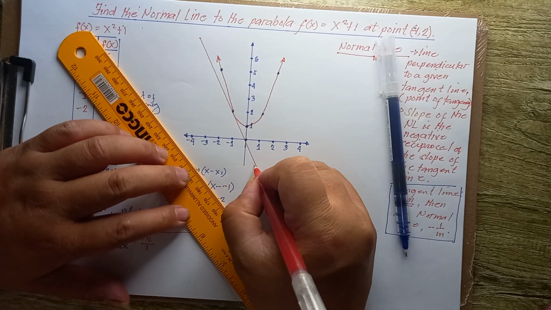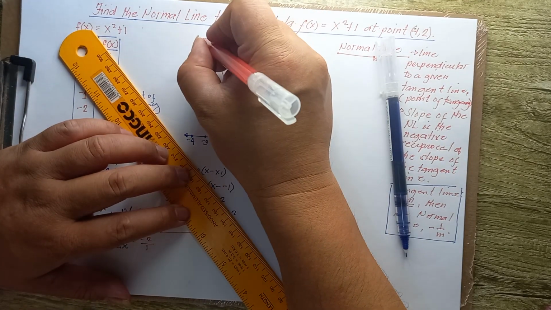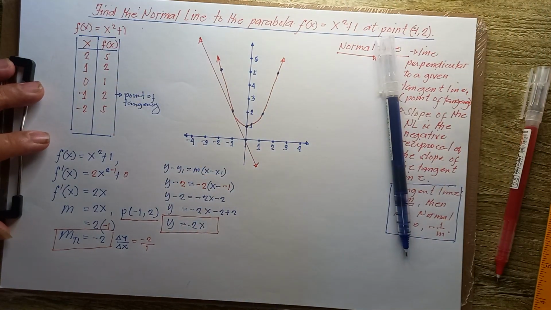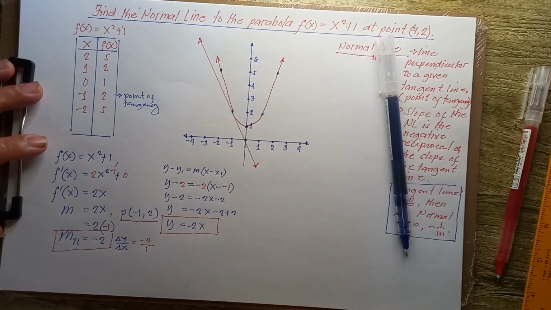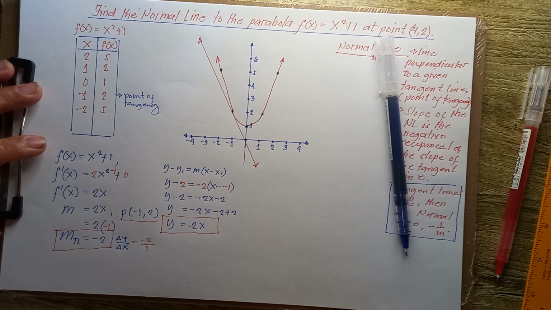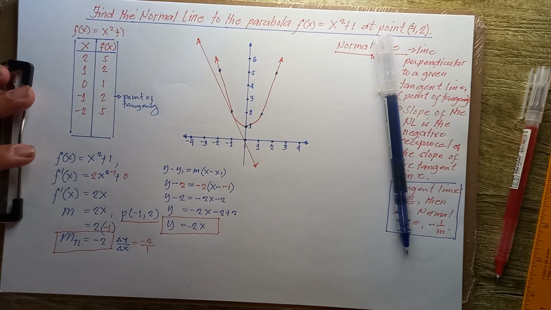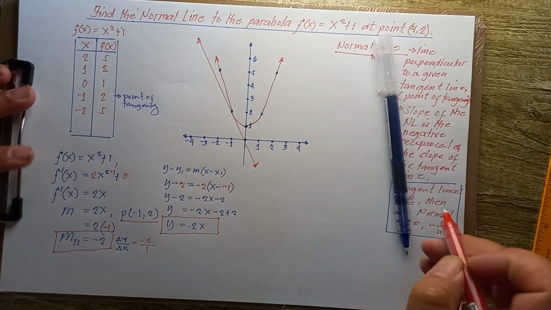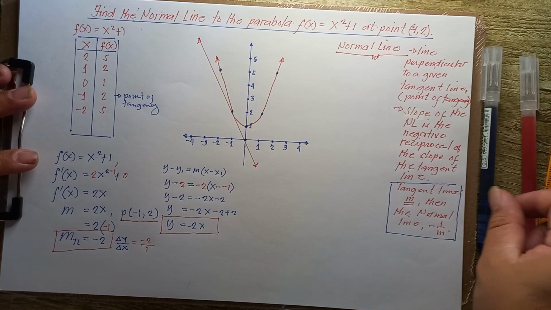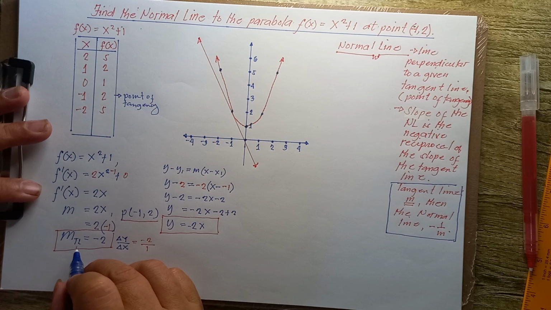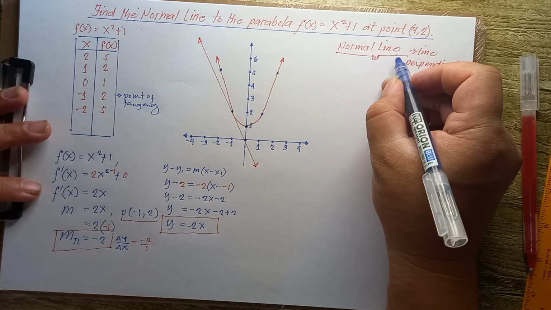Okay, notice that after having now the point of tangency, that's the time we're going to compute now, we can now compute the slope of the normal line. Okay, so meaning when we have this one as the slope of the tangent line, then we can have the slope of the normal line.